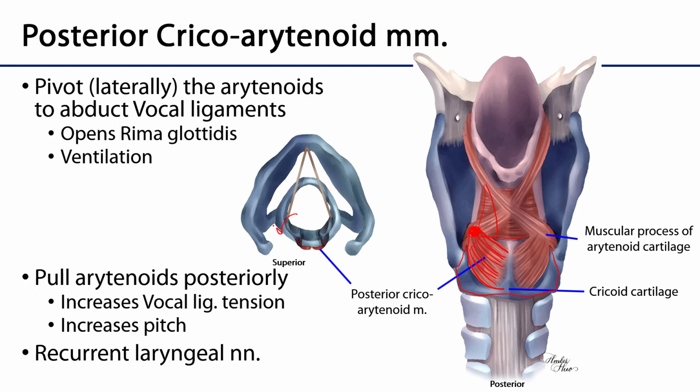This is an extremely important set of muscles for ventilation. By doing so, this also moves the vocal ligament slightly posteriorly, so we're increasing vocal tension. So this is one of the muscles which increase pitch, not dramatically, but ever so slightly. And this set of muscles, like every set of intrinsic laryngeal muscles except for cricothyroid muscle, are innervated by the recurrent laryngeal nerves.